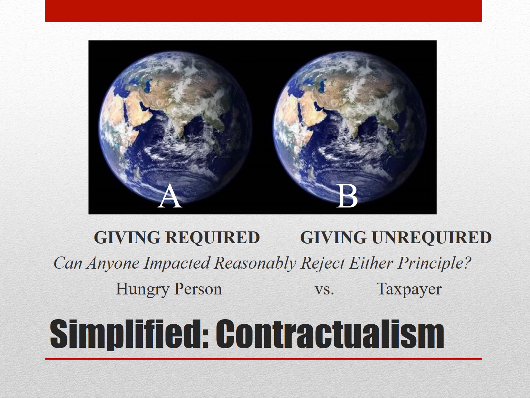A contractualist, on the other hand, rejects such aggregation, that kind of summing up of all pains and pleasures. And here's why in a nutshell. Let's imagine a very different world, one in which there would be lots of taxpayers who were going to be inconvenienced by the tax policy.